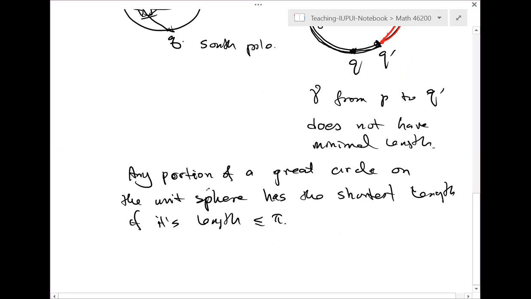If it's longer than pi, that portion of the circle does not have the shortest length, because the other portion of the great circle on the other side is even shorter.